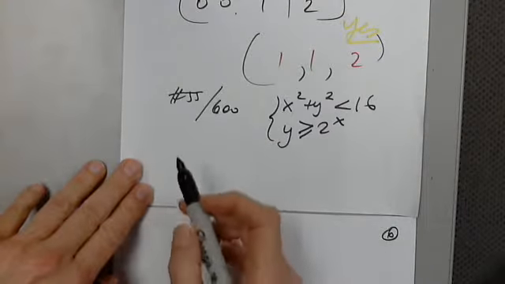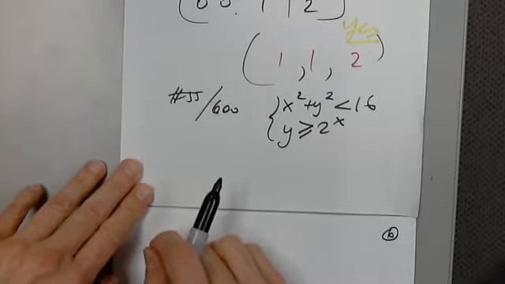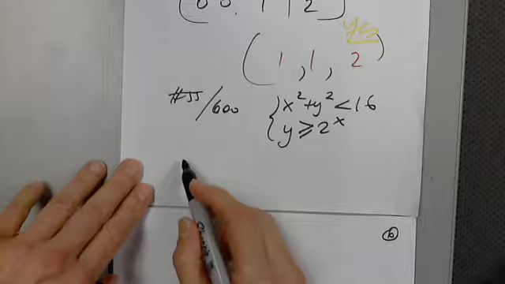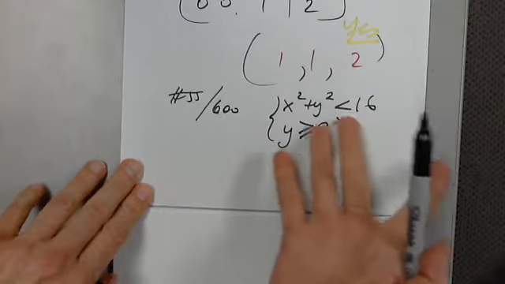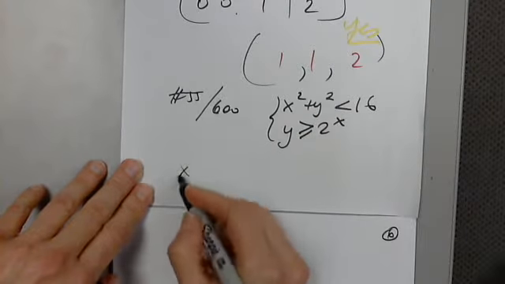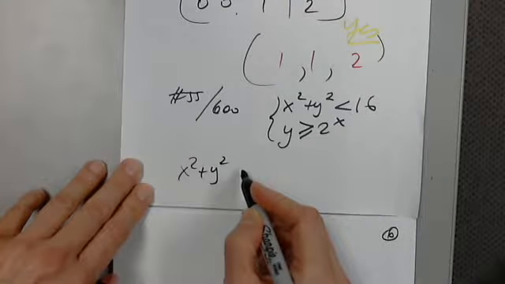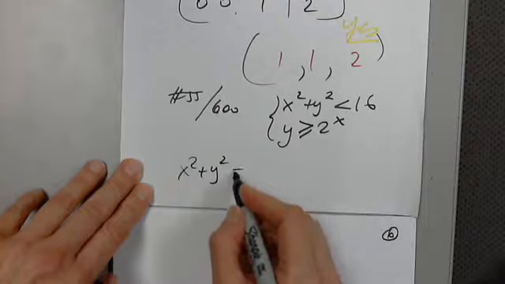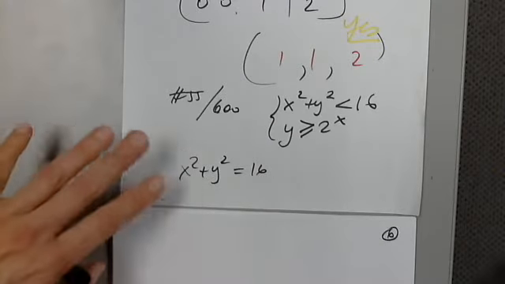So the first equation, can anyone dictate the first equation? X squared plus y squared equals 16. That's it. I need to write this first.